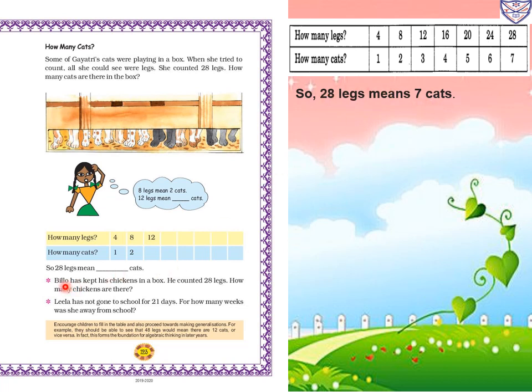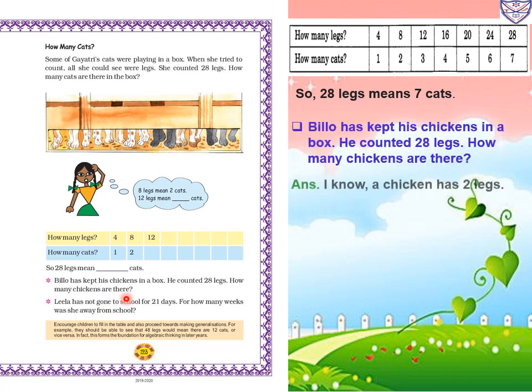Now next question. Billu has kept his chickens in a box. He counted 28 legs. How many chickens are there? So we know a chicken has how many legs? Yes, 2 legs.